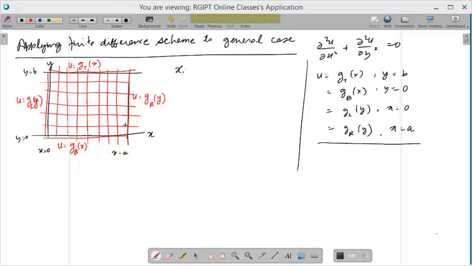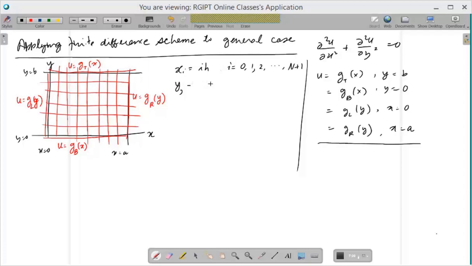According to our notation, xi is going to be equal to i times h, where i goes from 0, 1, 2, up to n plus 1. Therefore, there are n intermediate x points and m intermediate y points.